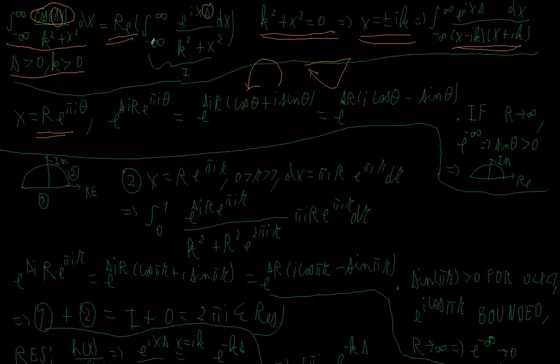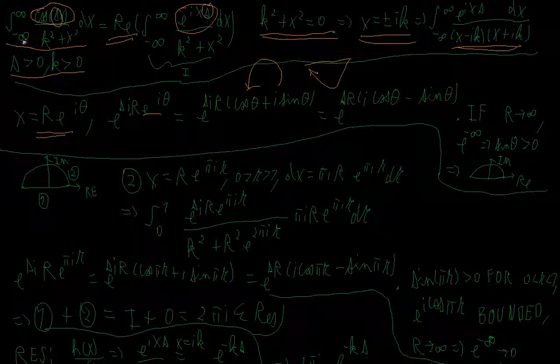And now we will take our exponent here and replace the x with this r e to the i theta. Sorry, I don't know why I wrote a pi here.